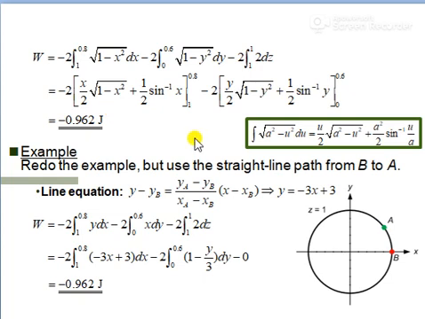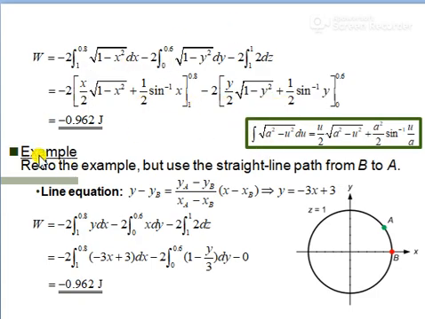Therefore, the integration of root of a square minus u square du is u by 2 root of a square minus u square plus a square by 2 sine inverse of u by a. This is a standard formula, so for that we will get this. Now the value of work done is expressed as minus 0.962 joules.